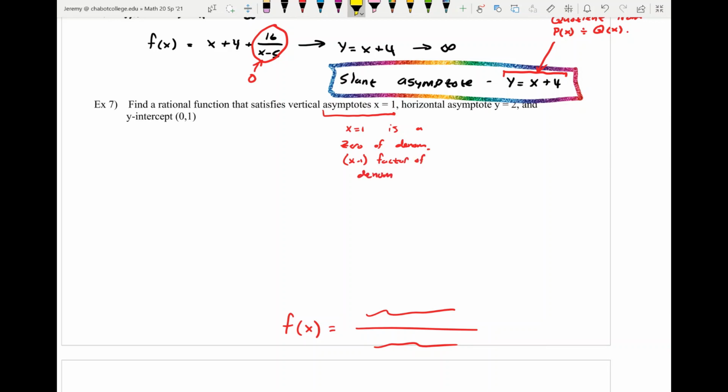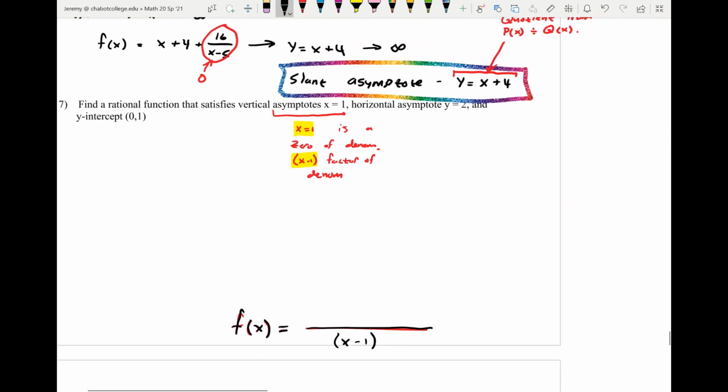Remember, there's this connection between the zeros and the factors. That's helpful as I'm building up my answer down here. I know one thing already: I'm going to have a factor of x minus 1 in the denominator. Cool, so we're on our way.